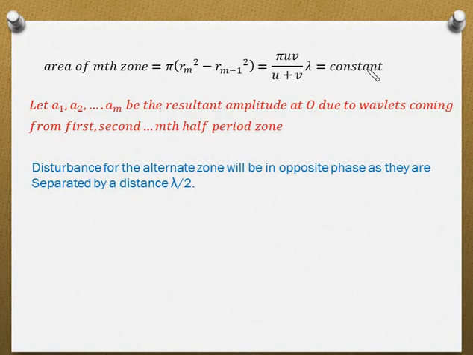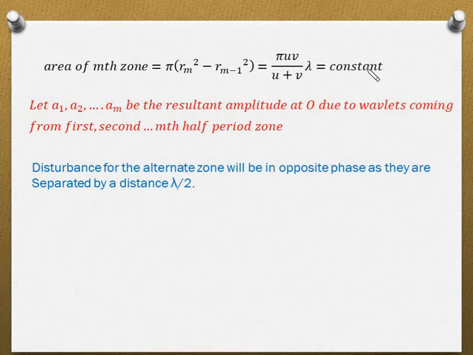That means the light coming from alternate zones is in opposite phase, because for a distance lambda the total change in phase is 2 pi, that is, the wave repeats itself. So for a distance of lambda by 2 it will be in opposite phase, and all these points will be more clear if you watch the video on the half period zones.